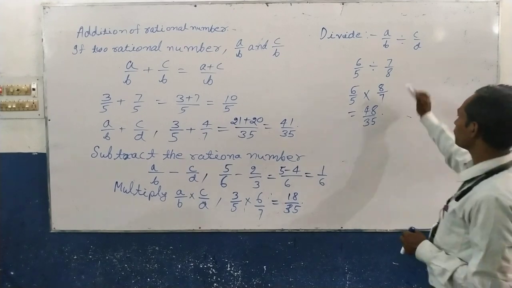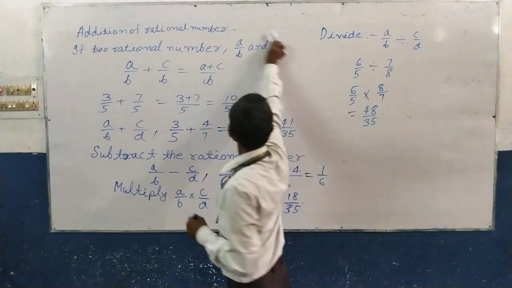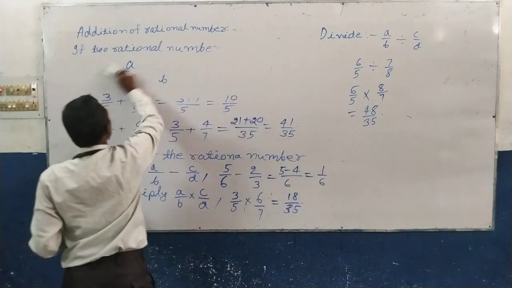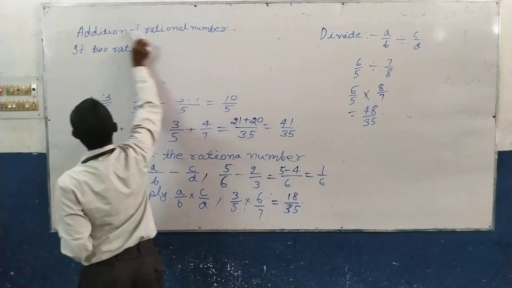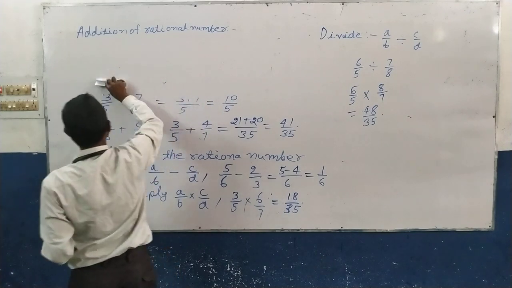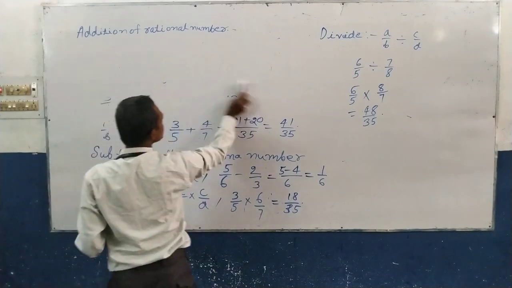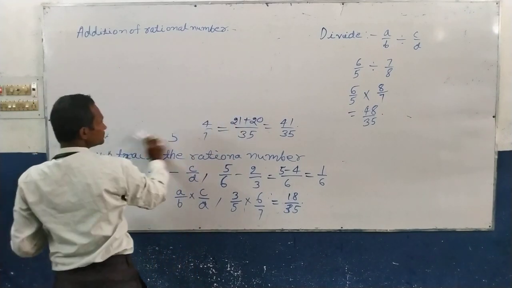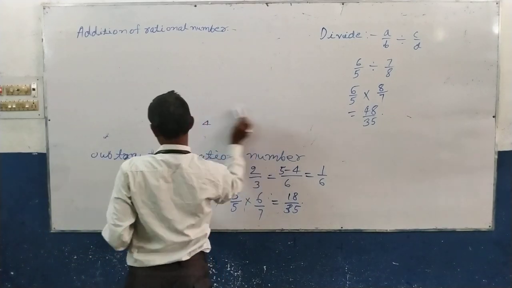After that, properties of the addition of rational numbers. First, the closure property.